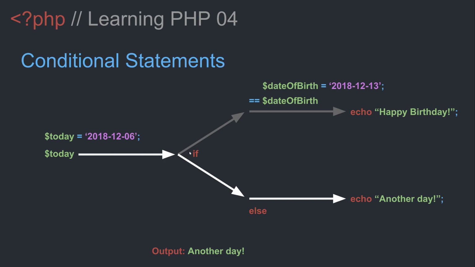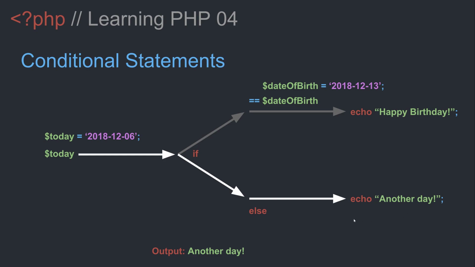We're first hitting our if. If we want this to be positive, it needs to match 2018 December 13, but it doesn't. So that won't match, therefore we hit the else condition and have the negative outcome.